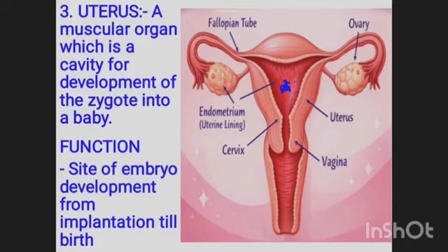So it's a site of embryo development from implantation till birth. The fertilized egg will be here and begin to develop, passing through different stages until birth. All right. So take notes. The uterus houses the fertilized egg.